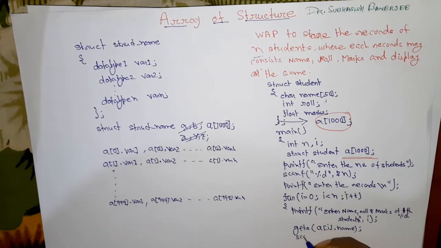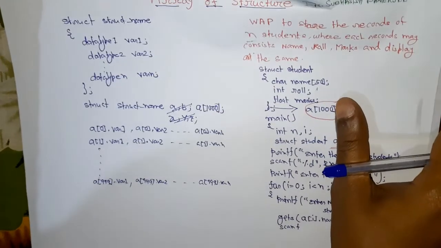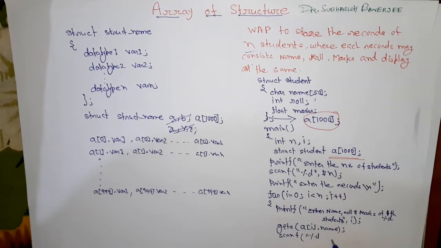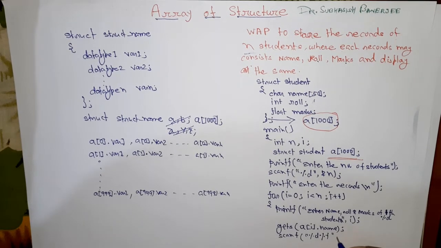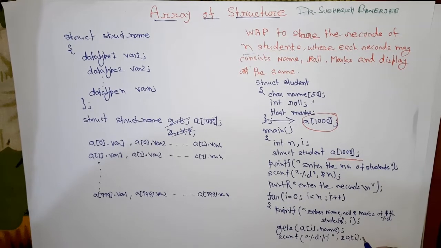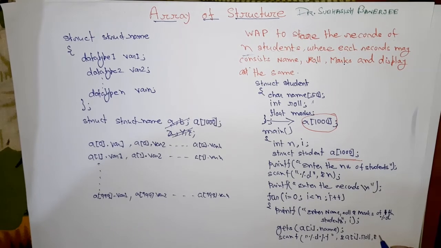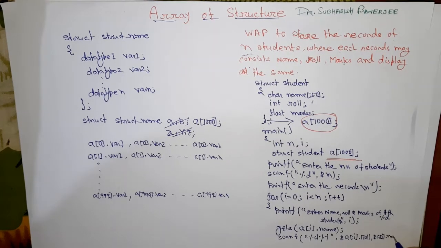To take the inputs, you can use scanf with %d and %f, because here we have two fields, one integer type and one floating type: ampersand a[i].roll and ampersand a[i].marks.